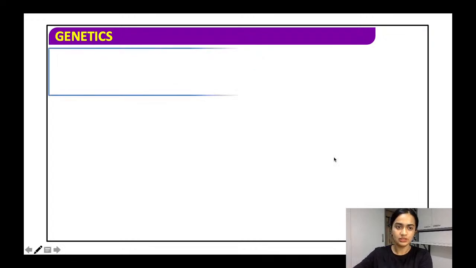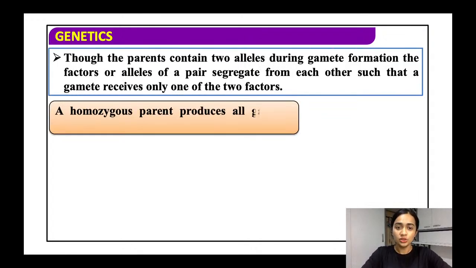So moving forward, though the parents contain two alleles, during the gamete formation the factors or alleles of a pair segregate from each other such that a gamete receives only one of the two factors. That is what we saw in the case of the tall and the dwarf one.